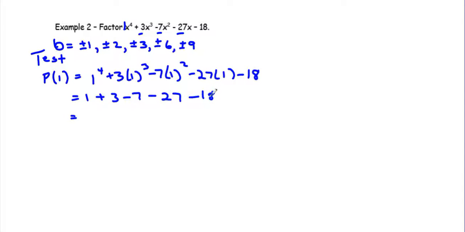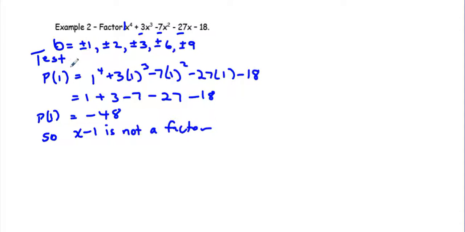Too many big numbers here that are being subtracted. So 4 minus 7 is minus 3, minus 30, minus 48, looks like. And so we would say x minus 1 is not a factor. Remember, you take the opposite sign of the b. Okay, so let's do the next one.